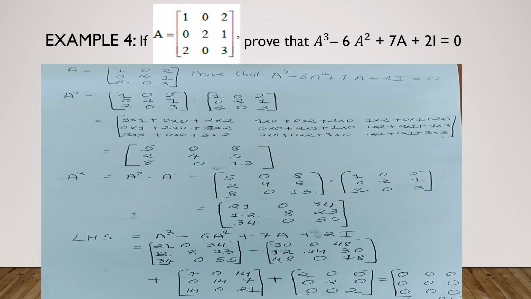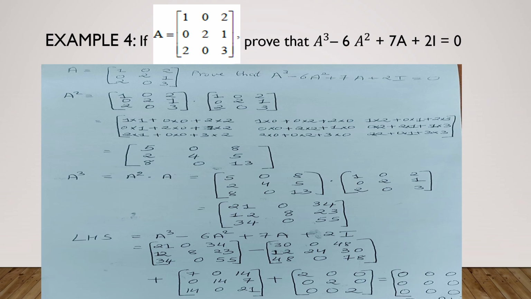Now how do we multiply two matrices? As I told you, suppose you want the first element of A square, that means a11. You take the first row of the first matrix and the first column of the second matrix. So 1 into 1 plus 0 into 0 plus 2 into 2. That will be the first element.